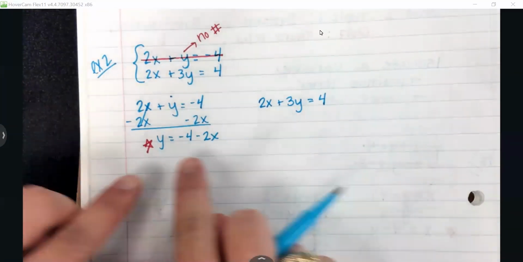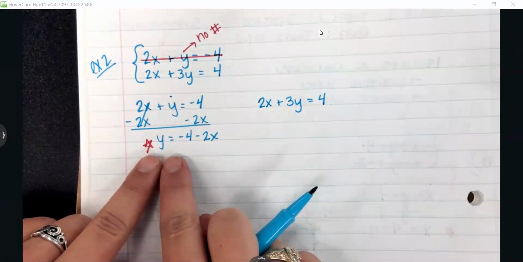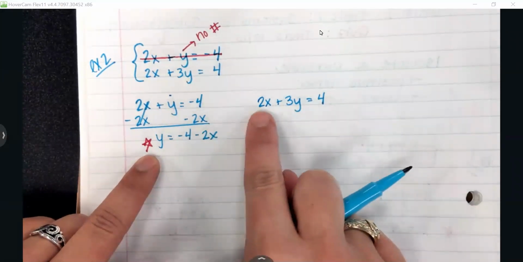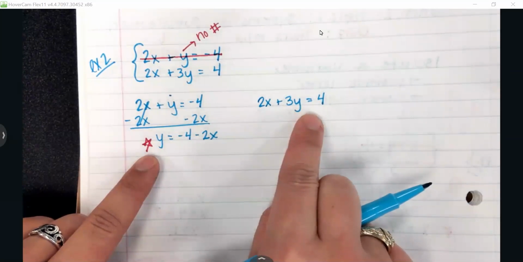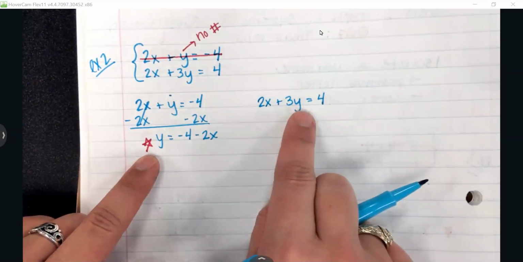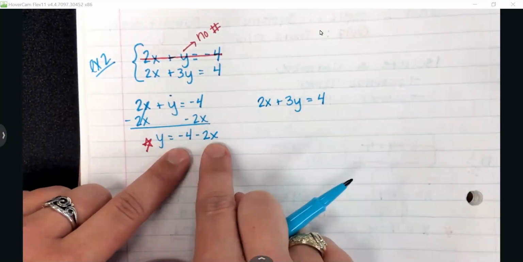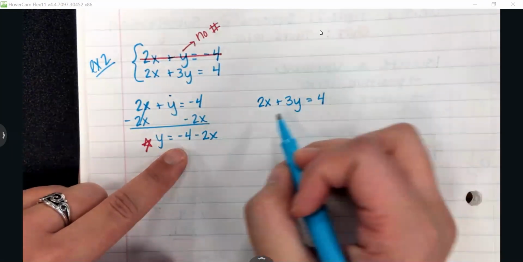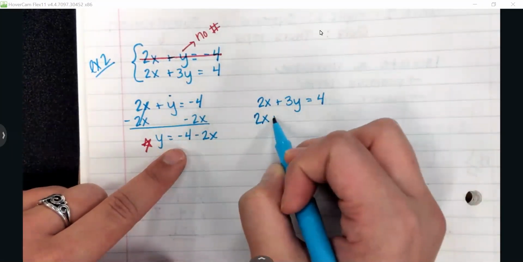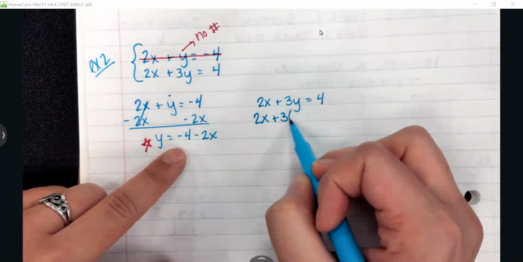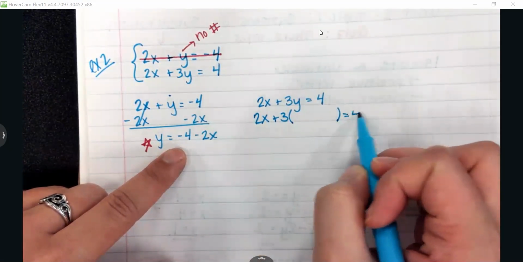What letter did I just solve for? y. So instead of writing 3 times y, what's going to go where my y is? Negative 4 minus 2x. So 2x plus 3. And you better have some parentheses.